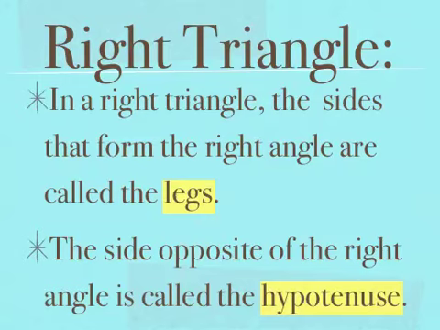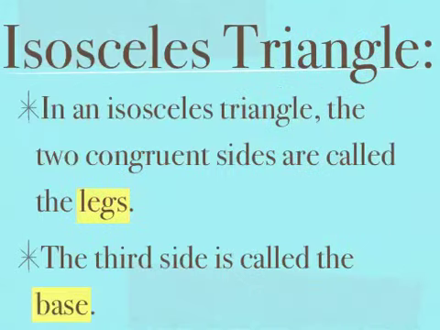In a right triangle, the sides that form the right angle are called legs, and the side opposite of the right angle is called the hypotenuse. And in an isosceles triangle, the two congruent sides are called legs, and the third side is called the base.